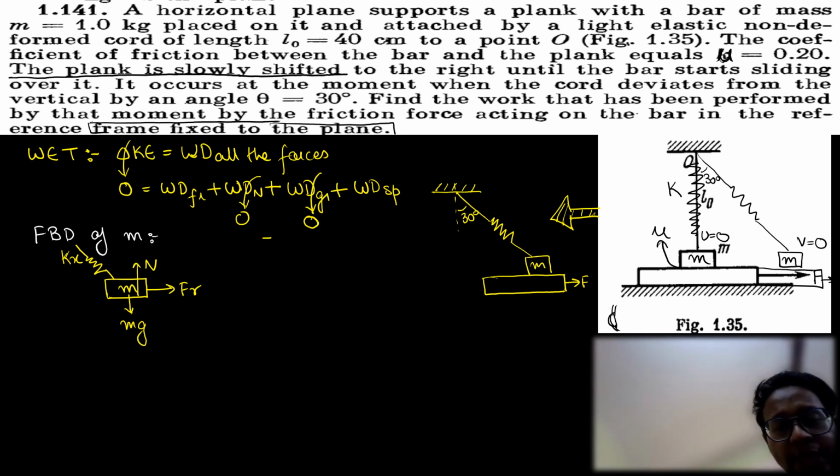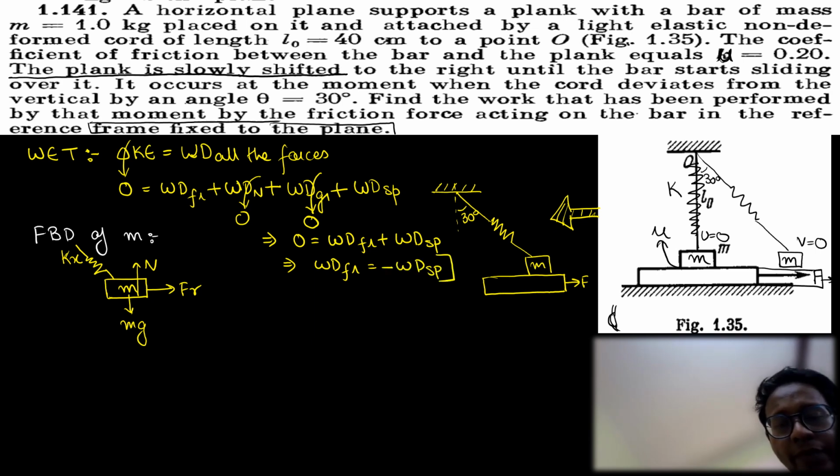So if I look at this equation, 0 is equal to work done by friction force plus work done by spring force. Now, work done by friction force is nothing but the negative of work done by spring force. This is the concept that you are going to use.